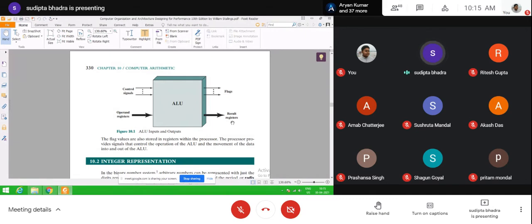Those logical operations will be performed by the ALU.